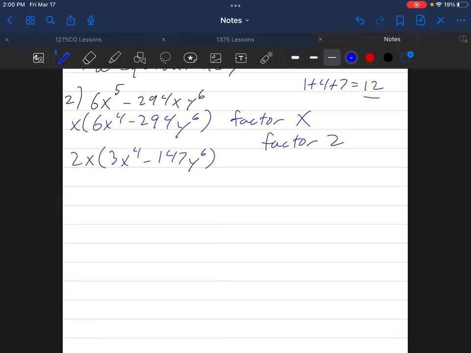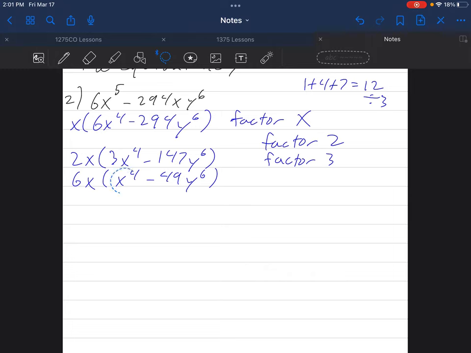Since 12 is divisible by 3, that means we know 147 is divisible by 3 evenly. So let's factor out a 3. That's going to make outside 6x, right? That's from 2x times 3 to be 6x. x to the 4th minus 49 y to the 6th power.